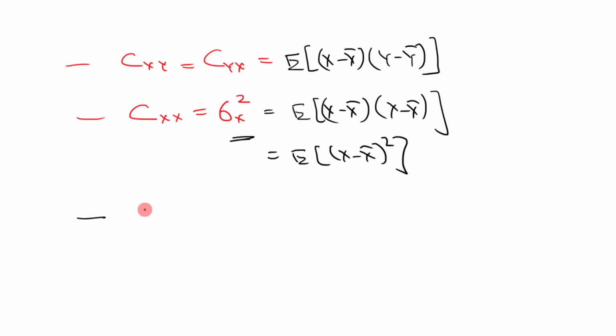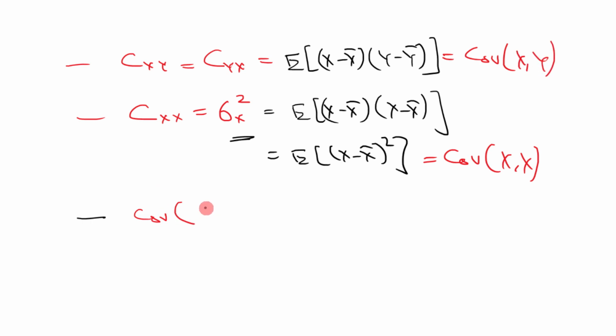So the covariance of random variable x with itself is equal to sigma x square. Similarly, you can write the covariance of x and x as COV x comma x, and the covariance of x comma y. So let's suppose you are finding the covariance of ax, where a is a constant, with y, then it will be equal to a times the covariance of x and y.